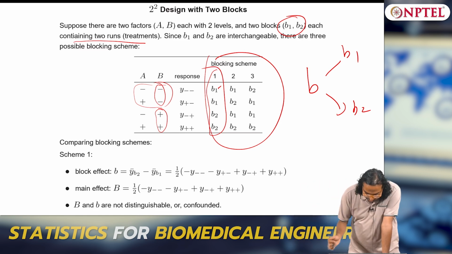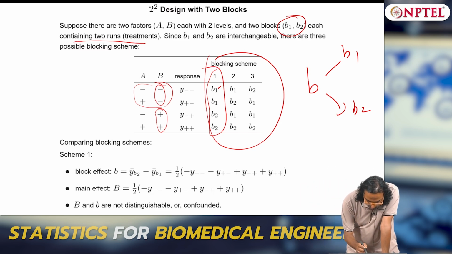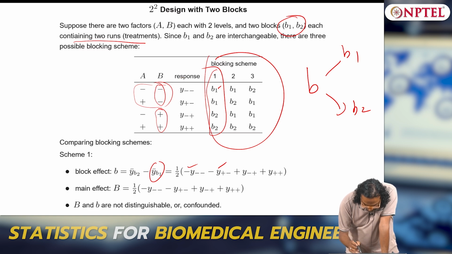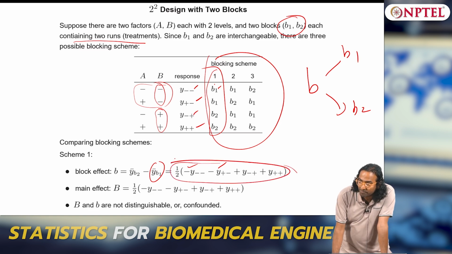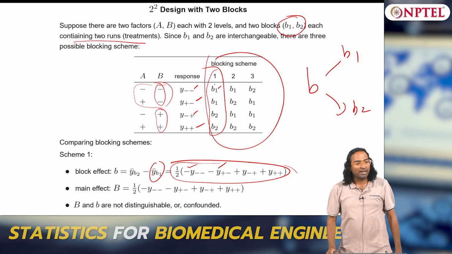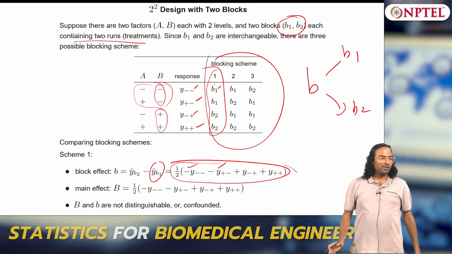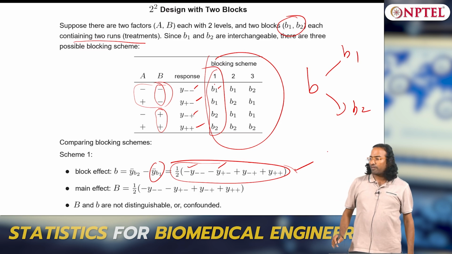B1 is these 2 and B2 is these 2. Does this make sense? This is the effect of block when block is at B2 minus block at B1 value. This is my block effect B.